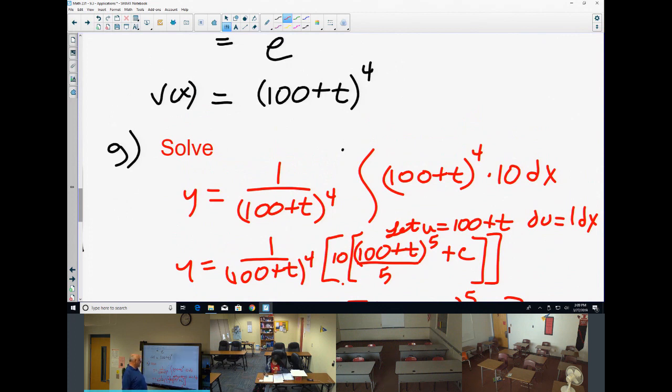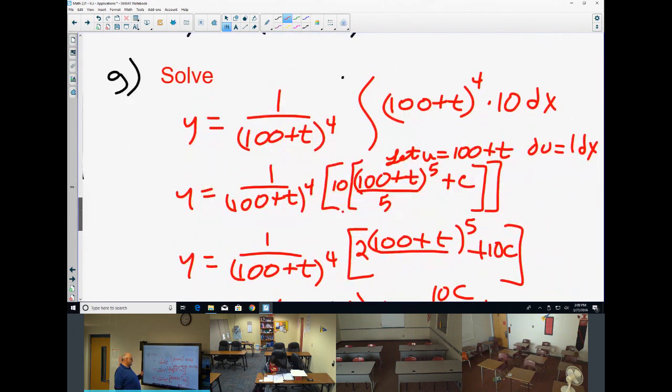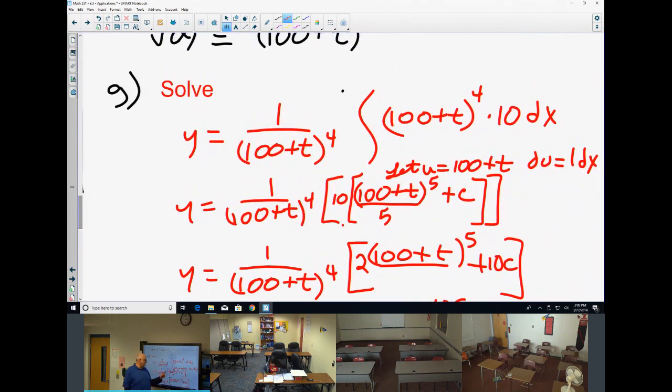All right. So now it's just some algebra to simplify this mess. I start with the 10. When I distribute the 10 through, it's going to cancel with the 5 here, leaving me with 2 times 100 plus t to the 5th plus 10c.